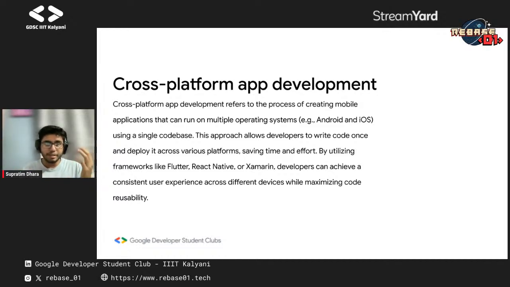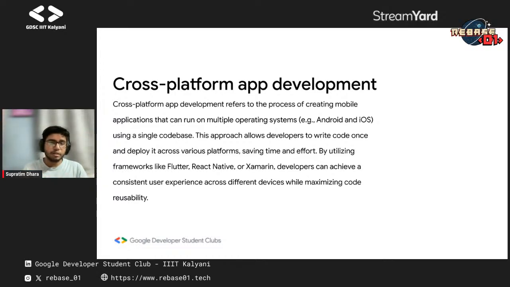For native development, for Android we use Kotlin, and for iOS we use SwiftUI. These are technologies used for specific platforms. Let's say you are building an app for Android, you will be using Kotlin and building the app just for Android. If you are building an app for iOS, you will be using Swift and building the app just for iOS. It's meant to run for that system only.